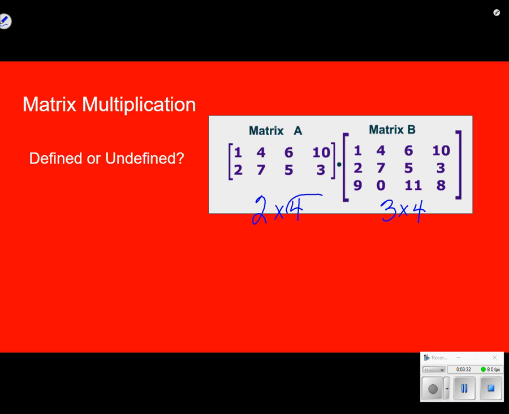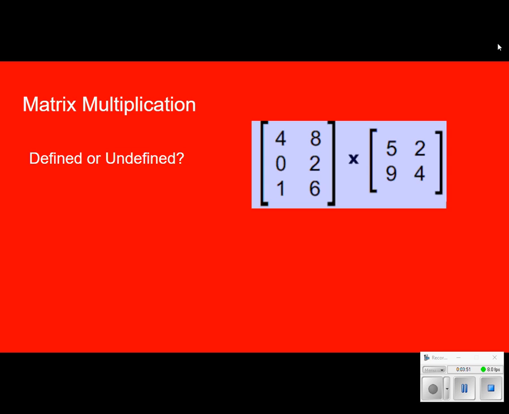I'm looking at these two numbers. Are those numbers the same? No, they are not. So this is undefined. If one had a 4 and the other one had a 4, then it would be defined. But those have to be the same numbers to be defined.